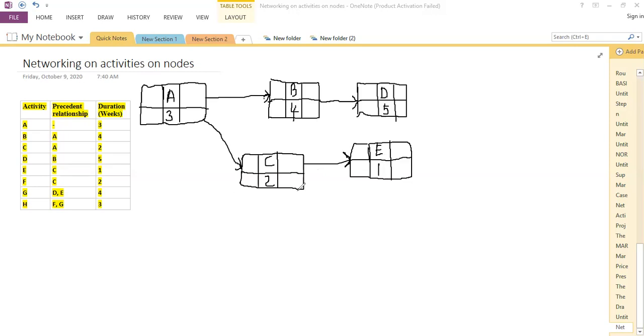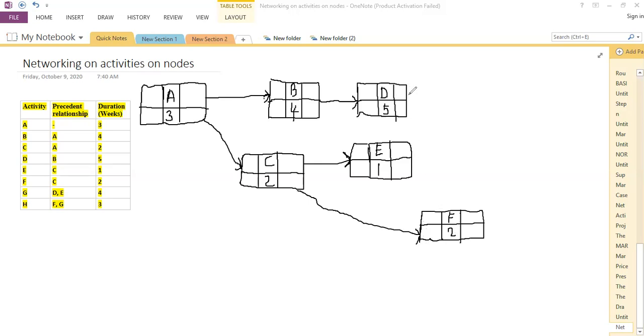Then we also have activity C becoming predecessor of activity F, with the time for F being 2 weeks.